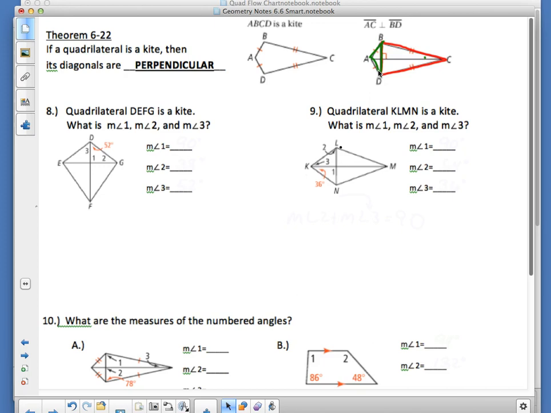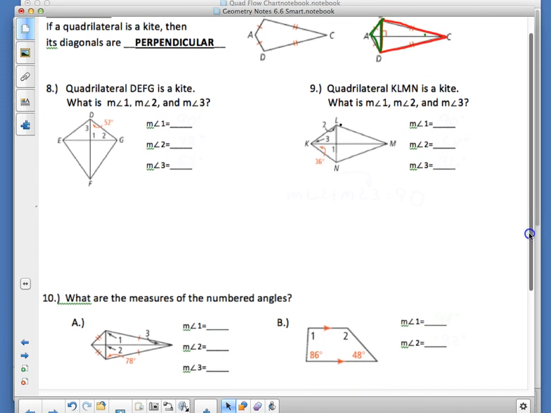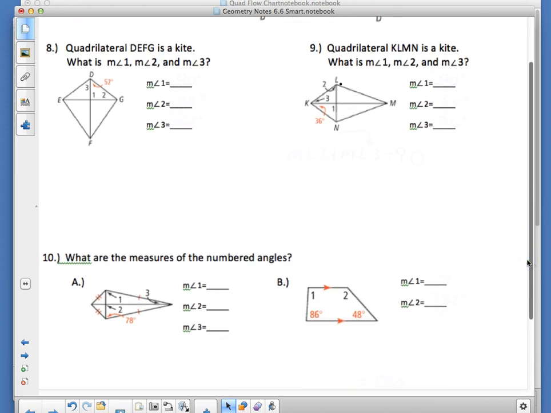Please keep this in mind as we do the next 4 problems. After these 4 problems, we'll be done with notes and we'll go through our assignment corrections. In problem 8, I'm asking you to find the measure of angles 1, 2, and 3 based on the properties I just covered. Your turn, go for it.